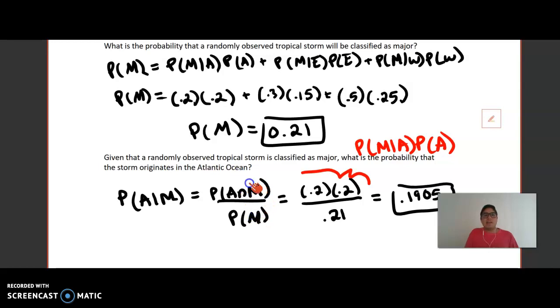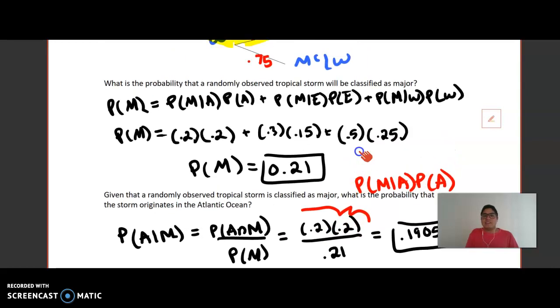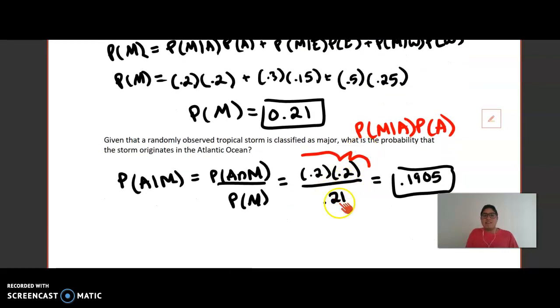So the way we find A and M is we take the conditional probability times the condition we're given. So that's where I get 0.2 times 0.2. And again, that's just from our conditional probability formula. And we divide that by the probability of being major. So I get that about 19.05% of the storms that are classified as major originate in the Atlantic.